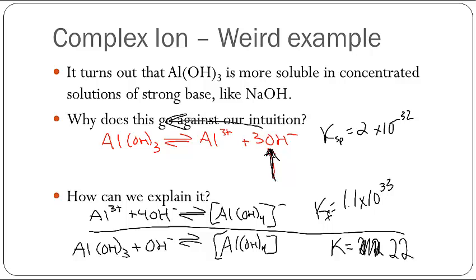We are now thermodynamically favorable. So I took a reaction that was hugely unfavorable, coupled it with a favorable reaction, and overall now aluminum hydroxide will dissolve in a concentrated base. So it goes against our intuition.